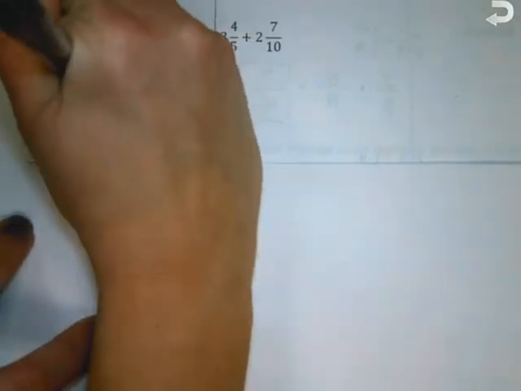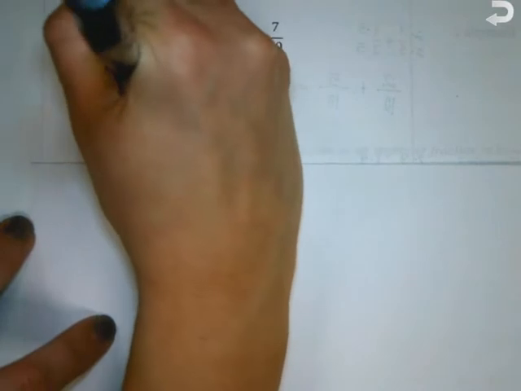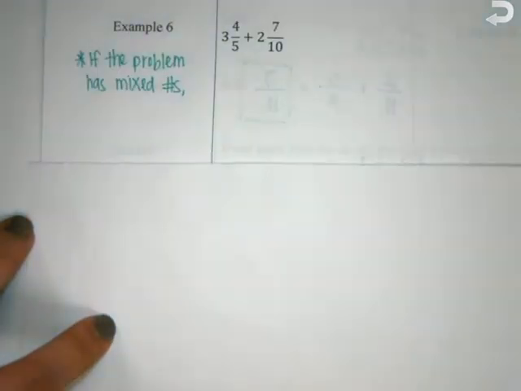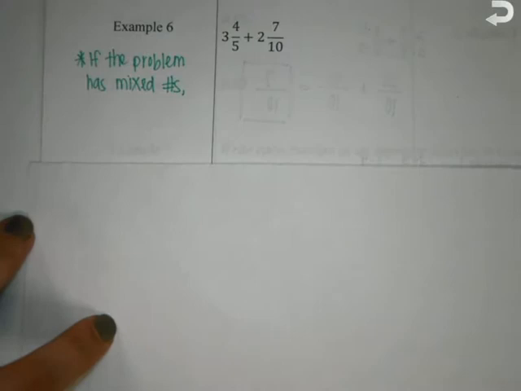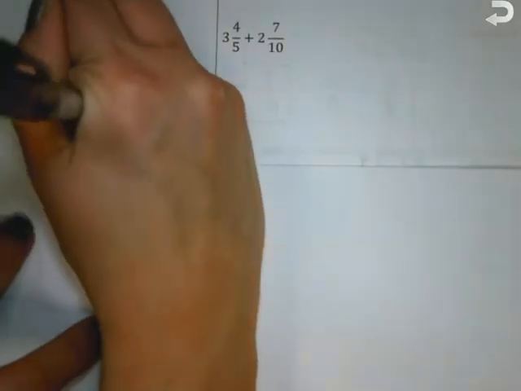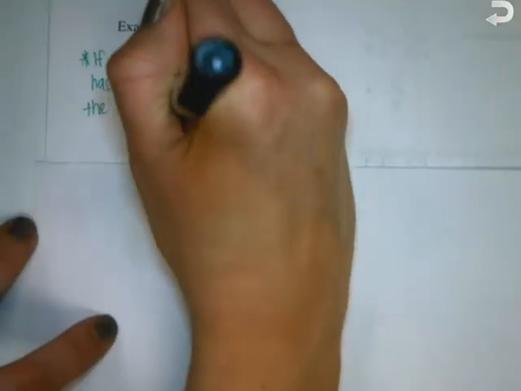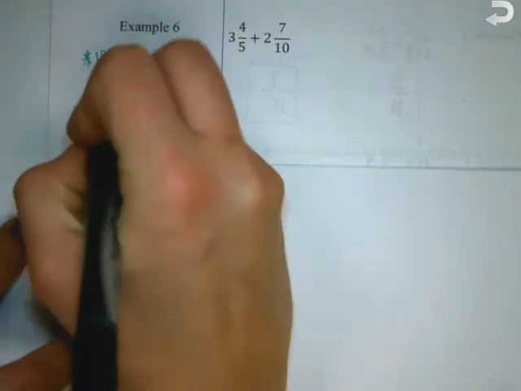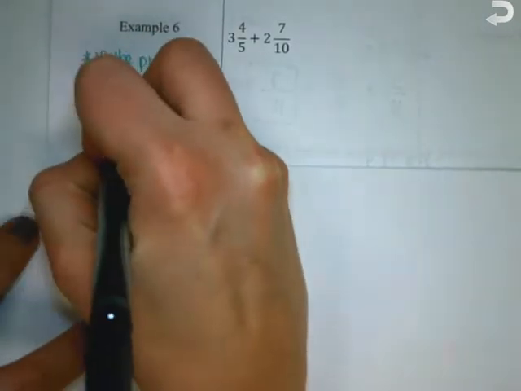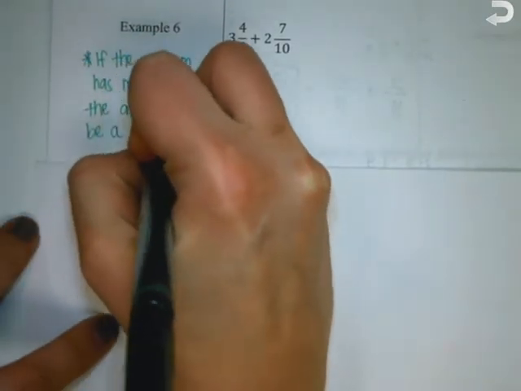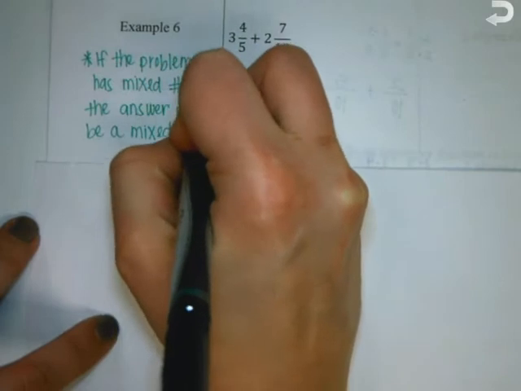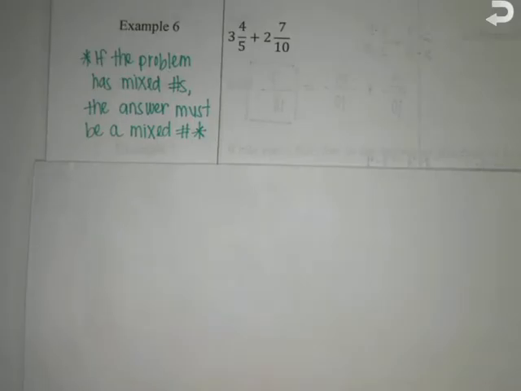So the answer must be a mixed number. And this is only for addition or subtraction. Once we get to multiplication and division, you can leave it as an improper fraction. But since we're working with mixed numbers, let's have our answer in mixed numbers as well.